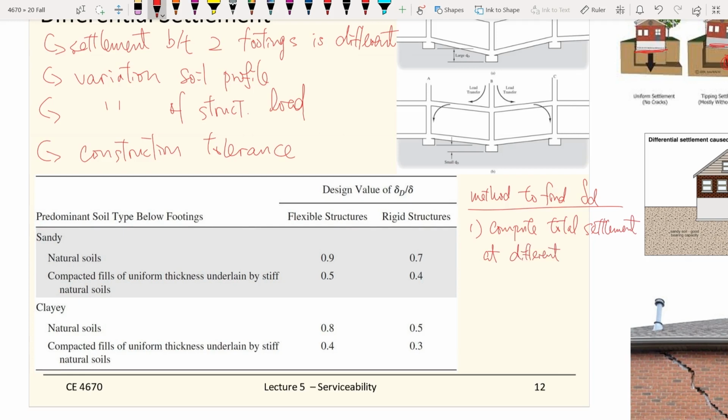The total settlement means immediate, primary consolidation, and secondary consolidation. So we will consider the best and worst scenario.